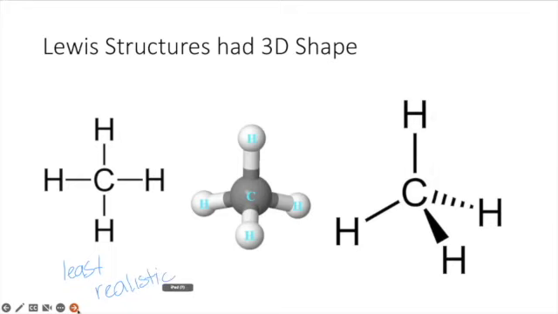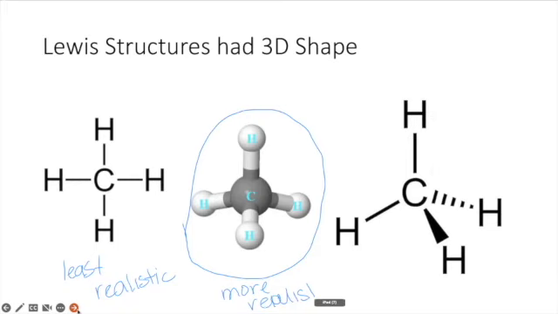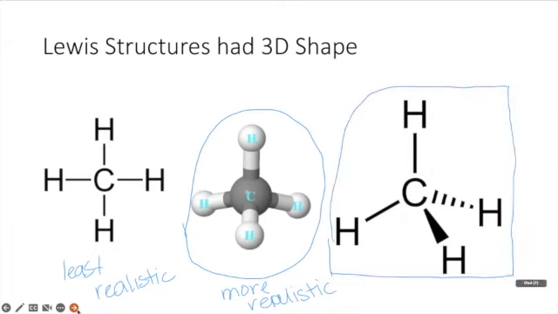Then we had the space filling model, which is more realistic, not as realistic as the other space filling model I showed you earlier, but still great. And then sometimes this is how the space filling model is depicted on paper, where the dash line means it's going back into the paper, and the wedge means it's coming forward at you. It's basically trying to show you this in 3D.